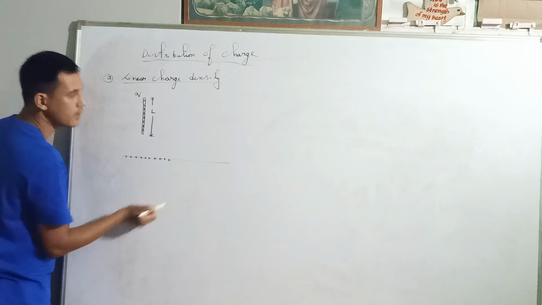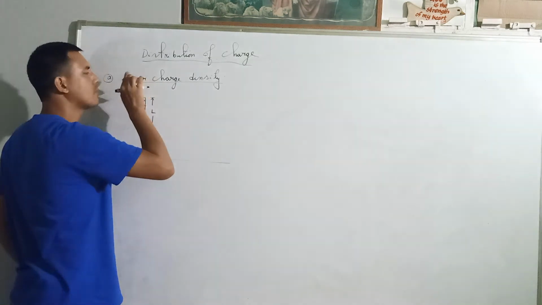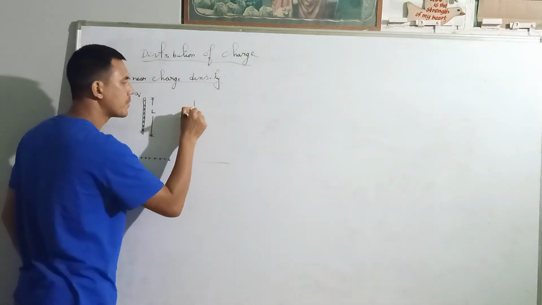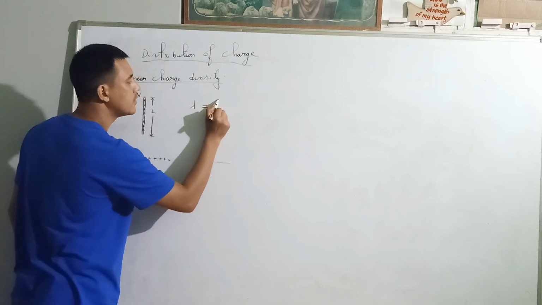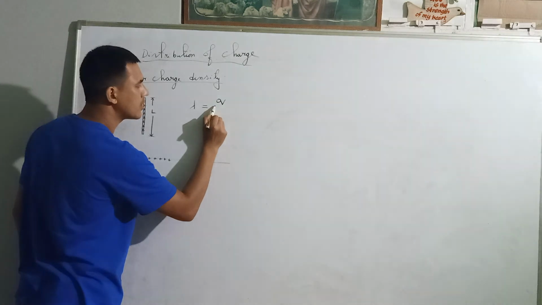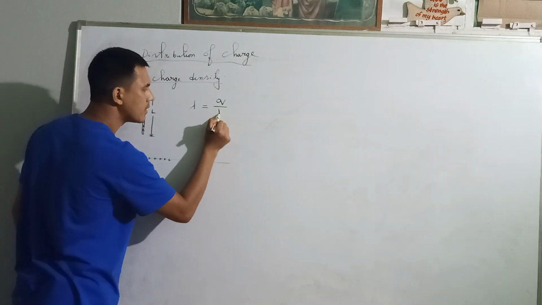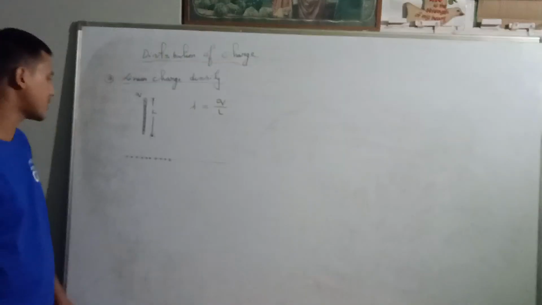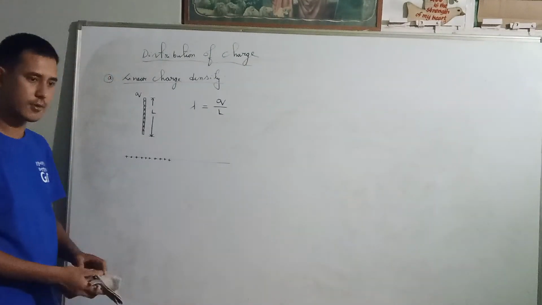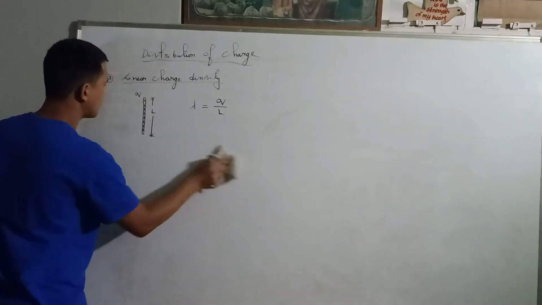Is it okay? So the linear charge density, which we denote by lambda, is given by total charge per unit length, Q upon L. So this Q upon L is known as your linear charge density. Are you getting that? Yes.